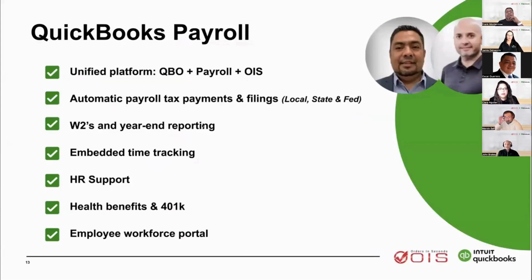The big thing around payroll, and using us over anybody else, is, for starters, it's one unified platform, right? So you can access your accounting and your payroll all in one place for seamless business management and better reporting, along with OIS, that integration to create a completely integrated solution and a single source of truth, right? I know Frank mentioned that earlier.